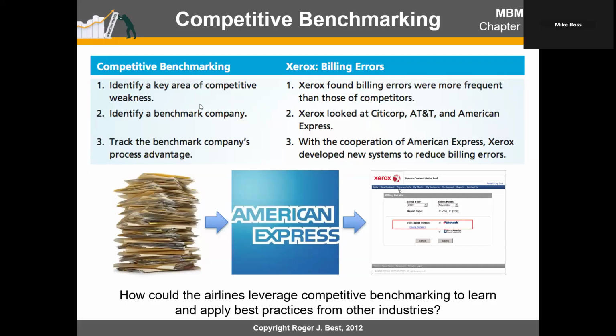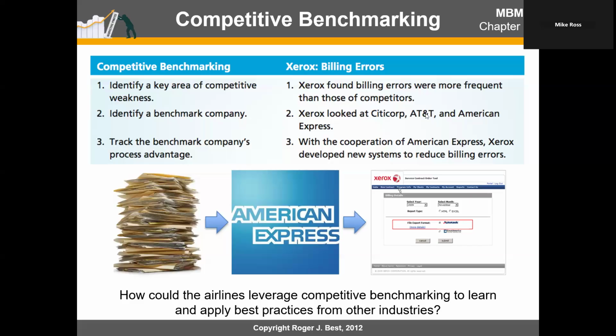This is often this notion of competitive benchmarking here. I know a lot about the document handling world, spending 20 years there. So, for example, if you're HP and you're comparing your services offerings versus Xerox, maybe Xerox had lots of billing errors, and so they said, well, who does a good job of handling billing errors?